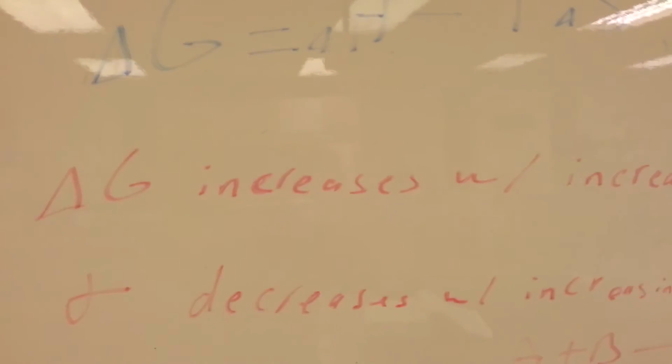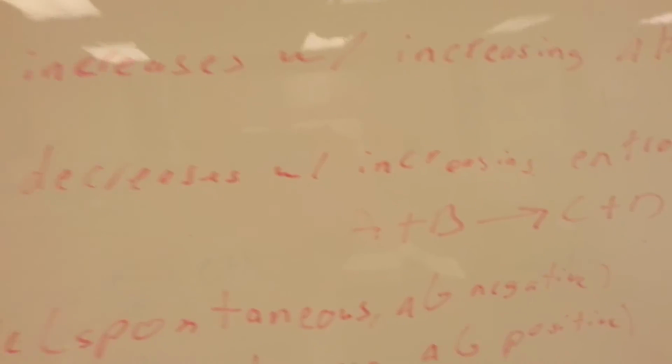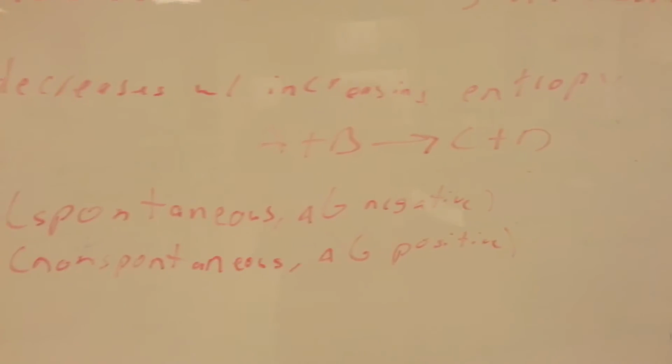Delta G increases with increasing delta H, bond energy, and decreases with increasing entropy. Favorable, spontaneous, is delta G negative. Unfavorable, non-spontaneous, delta G is positive. Delta G equal to 0, the reaction is at equilibrium.